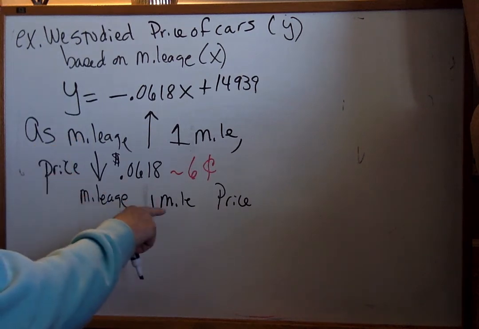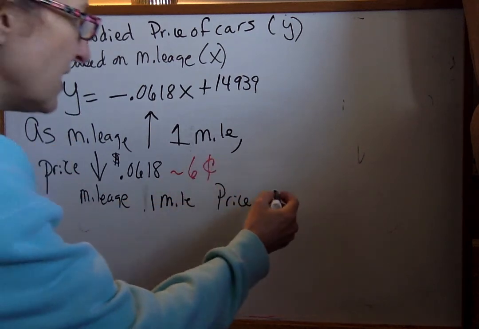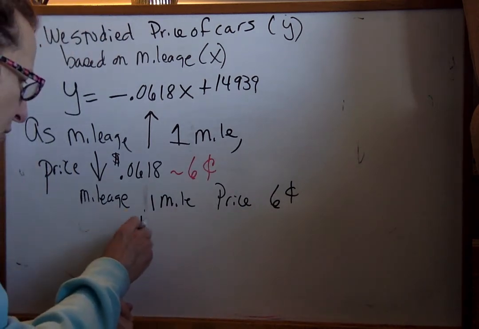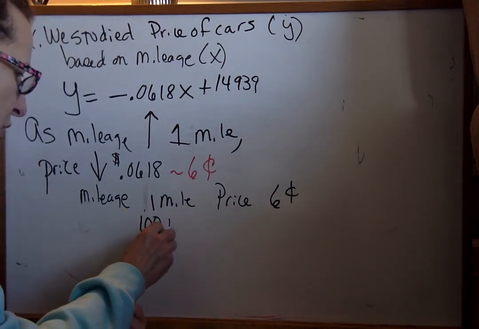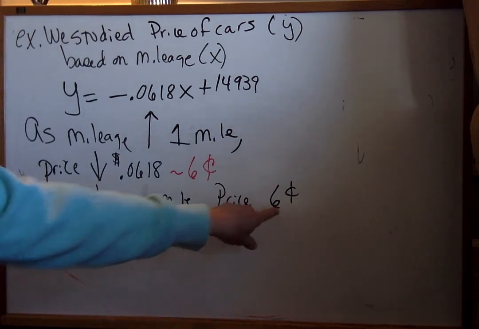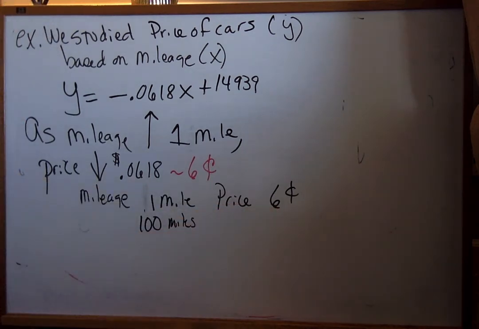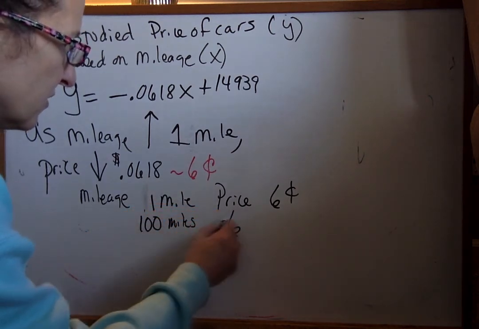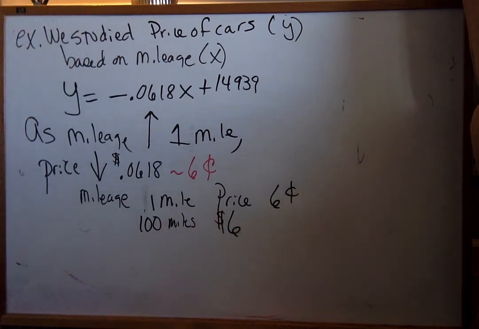If the mileage goes up 1 mile, the price goes down 6 cents. All right, well, let's up that a little bit. What about if the mileage goes up 100 miles? You have to multiply 6 cents by 100. That would be approximately $6, right? I still don't know that anybody cares about that.